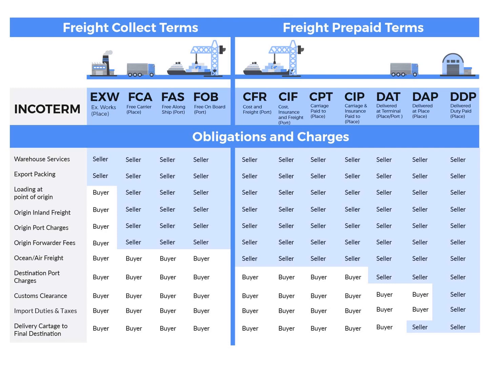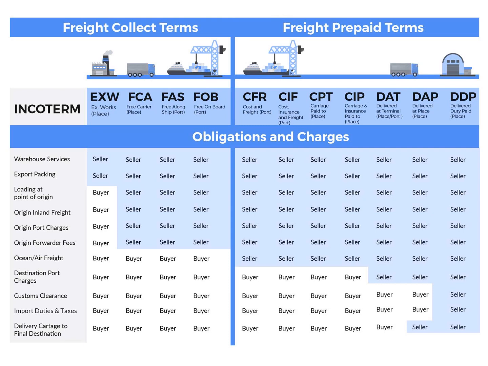Moving further with the supply chain, there's FCA, FAS, and FOB. They are similar to one another, but FOB terms are agreed upon to be the most popular. Then, the seller's obligations in FCA, FAS, and FOB run from warehouse services down to the payment of origin forwarder fees.